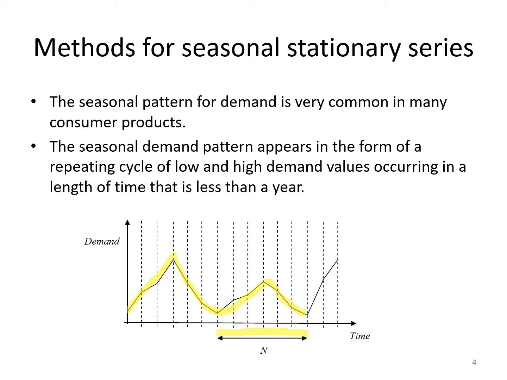So in order to identify our season, which is constituted of exactly n periods, we can look for the lowest demand value and the next lowest demand value. That's when we can identify our repeating cycle, and then we can decide on the value of n, which is again the number of periods in the season.